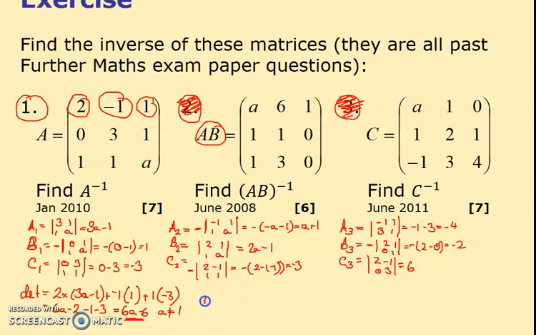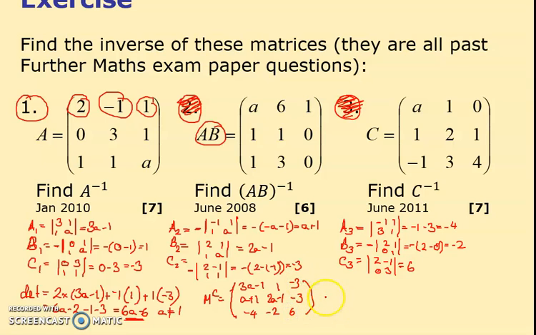So, matrix of cofactors is 3a minus 1, 1, minus 3, a plus 1, 2a minus 1, and minus 3, and minus 4, minus 2, and 6.